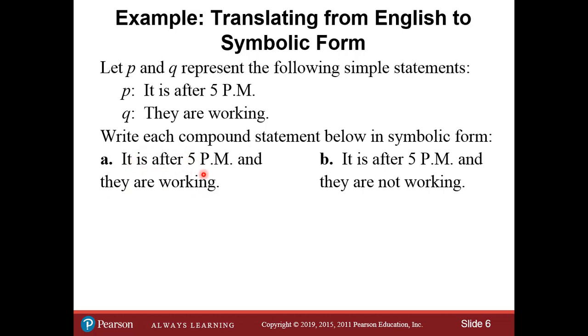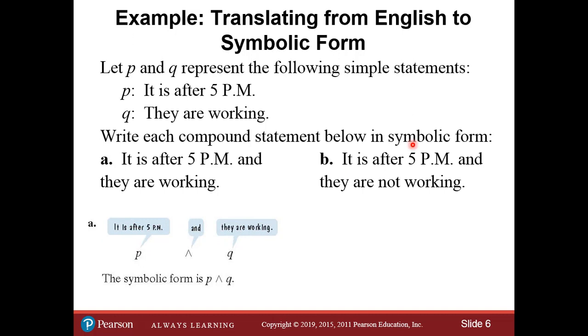Well, this statement is P. This statement is Q with the word and. So it's going to be P upside down V Q. Okay. So see how we just translated statement by statement with the connective.